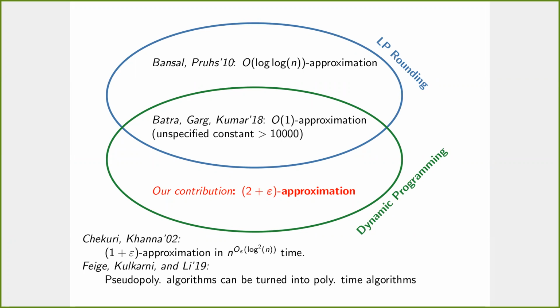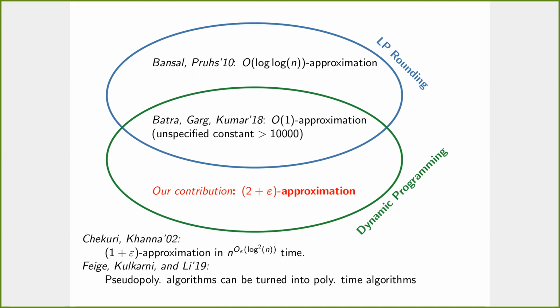Then the first constant approximation algorithm was by Batra, Garg, and Kumar 3 years ago. They combined LP rounding techniques, this time with a novel dynamic programming approach. And they got this constant, which was a big breakthrough, but the constant was huge, so they didn't optimize it.